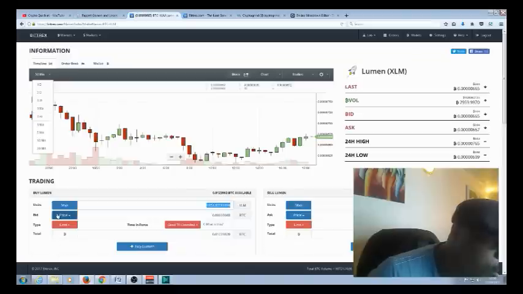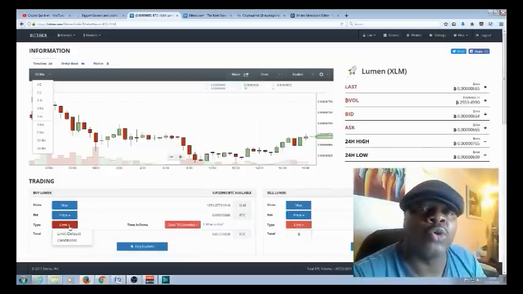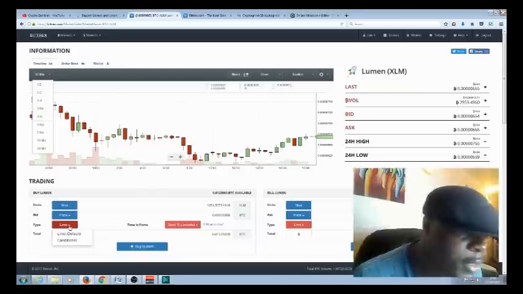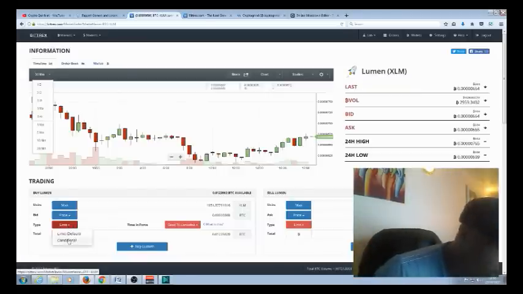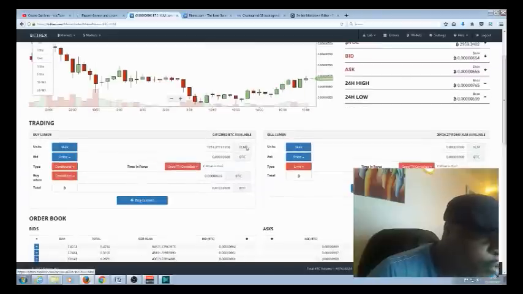If you now go further down to the red button here and click on the drop down menu, it gives you an option to also put some parameters around the trade. So now we're going to make the trade conditional. We're going to set conditions for that trade.